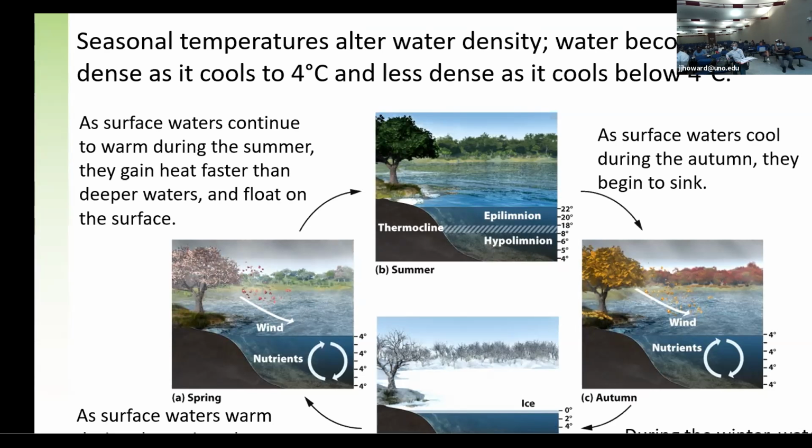In the fall, you get cooling, and the temperature gradient then between surface and deep waters starts to break down. Once again, the wind is then capable of mixing those waters. And so you get a spring algae bloom, typically in these kinds of waters, as nutrient-rich deep water mixes with oxygen-rich surface water, and again in the fall.